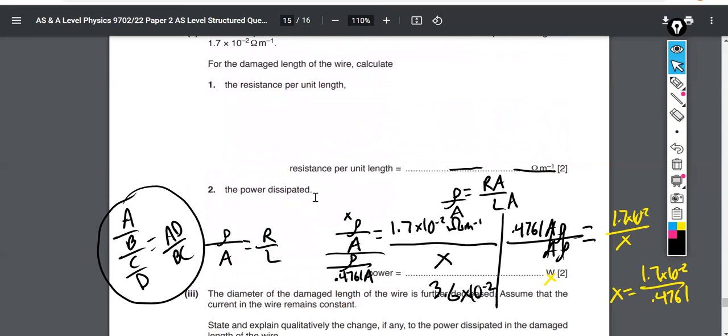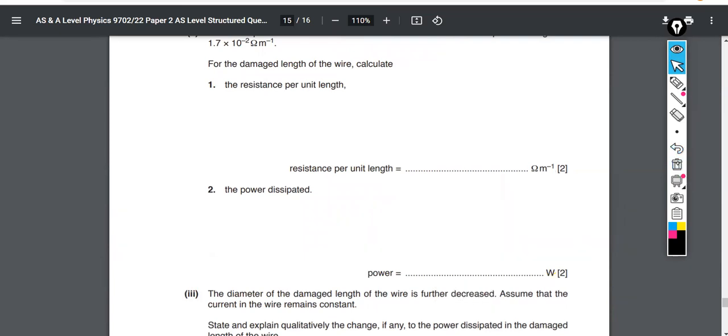We go on to calculate the power dissipated in that damaged length of wire. Let's keep in mind that we know the resistance per unit length is 3.6 times 10 to the negative 2 ohms per meter for that damaged length of wire. Power dissipated is equal to current times voltage, but voltage is equal to current times resistance.